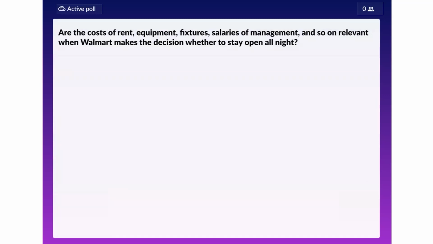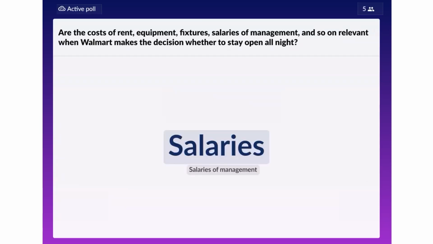Okay, next one. Which costs does Walmart consider when it decides to stay open all night? Rent, equipment, fixture, salaries of management. The key thing here is that when Walmart makes the decision whether or not to stay open all night, it has to take into consideration the variable costs for operating all night.